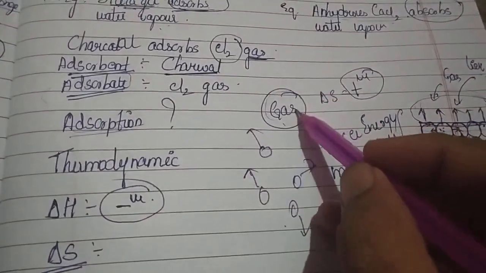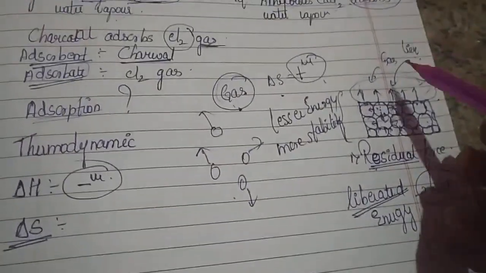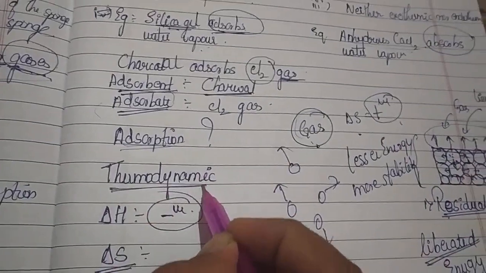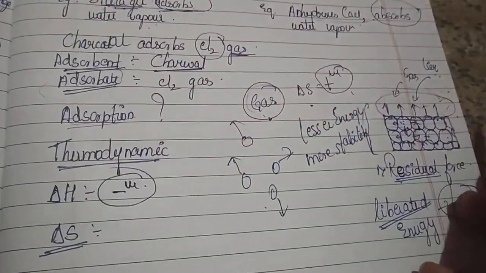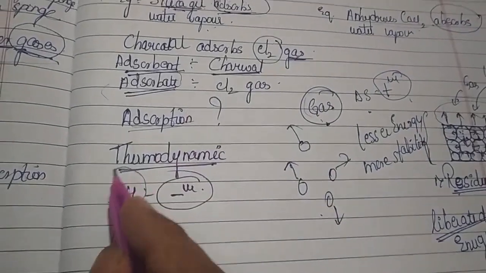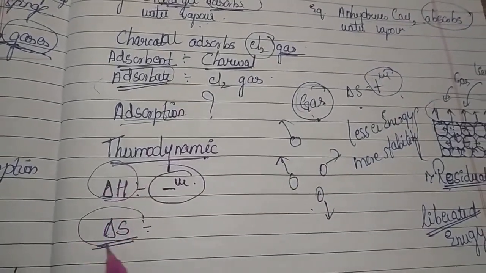That is why for a gas, delta S is highly positive. But remember, these thermodynamic parameters are considered for the adsorption process, and we have seen that during adsorption delta H is negative. What can you say for delta S?